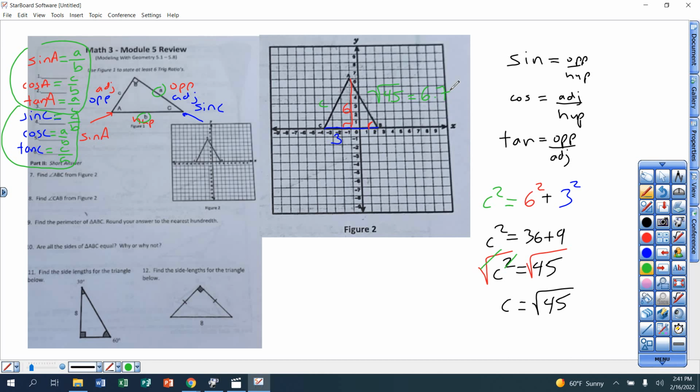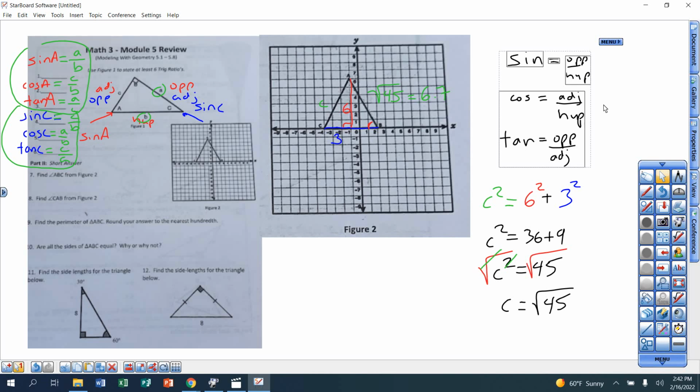I think our teacher did this for all of us. Is this confusing? All right, let me do that. What he has you do to find those angles is use that inverse sine trig first.